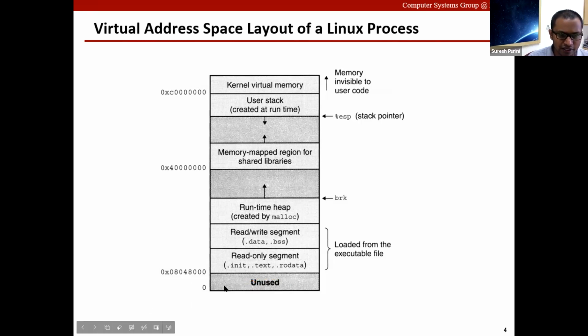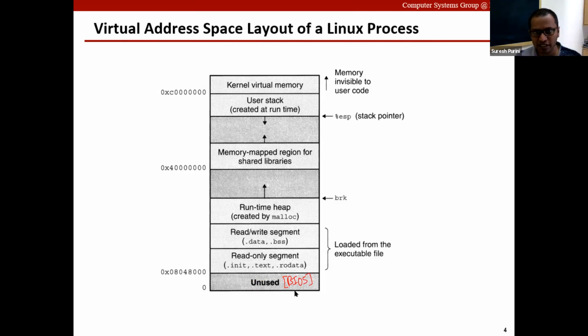This unused space is reserved for BIOS, and this BIOS is present in the flash RAM or ROM. And then your operating system is mapped to the higher address space. So this is the Linux kernel, mapped to this part of the address space of the process.